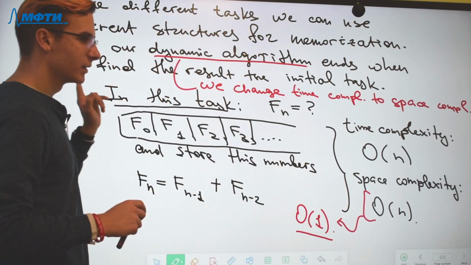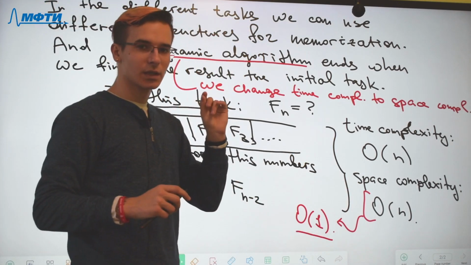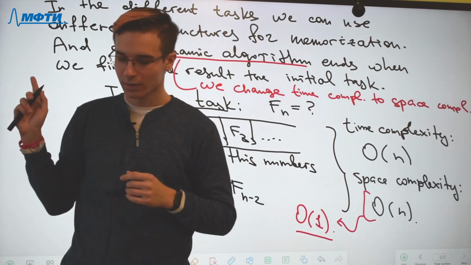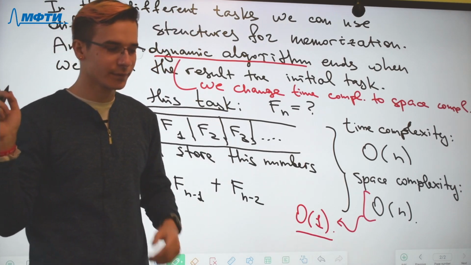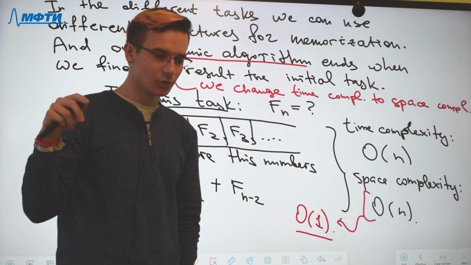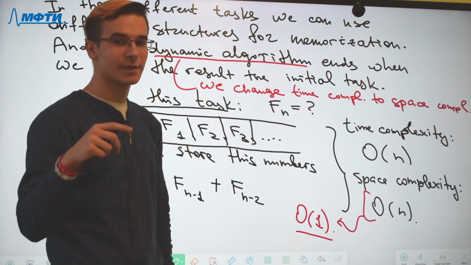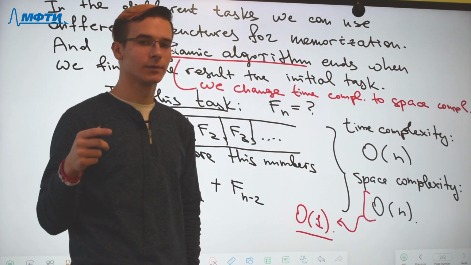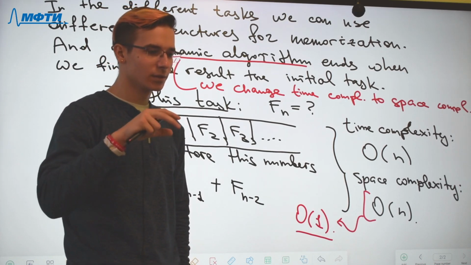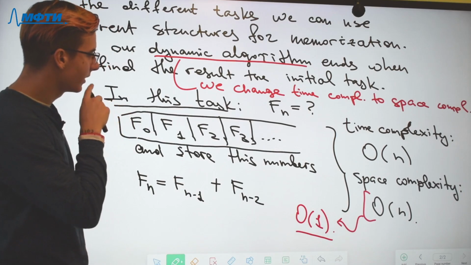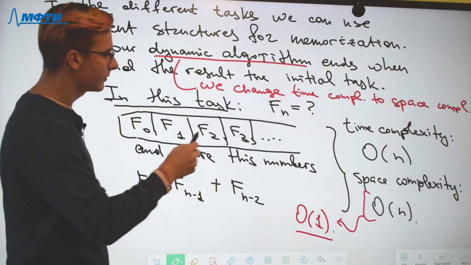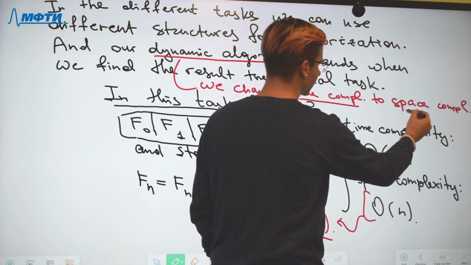And we see in the next task that we can store a lot of data to get a smaller number of subtasks that we need to solve. So I write here that we change time complexity to space complexity.